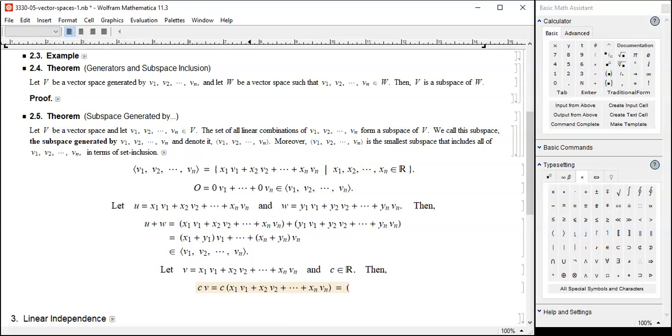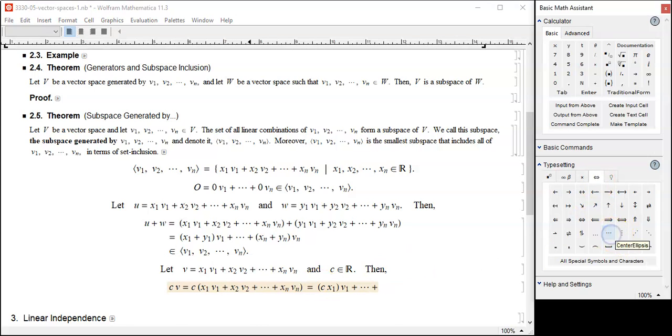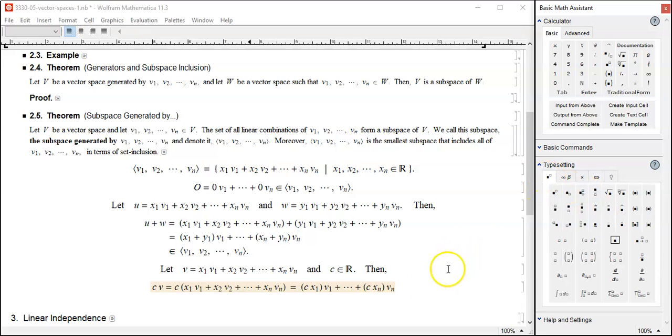And this can be written as c x1 v1 plus, and then repeat. It's a linear combination, isn't it? First coefficient times v1, next coefficient times v2, all the way up to the last coefficient times vn.